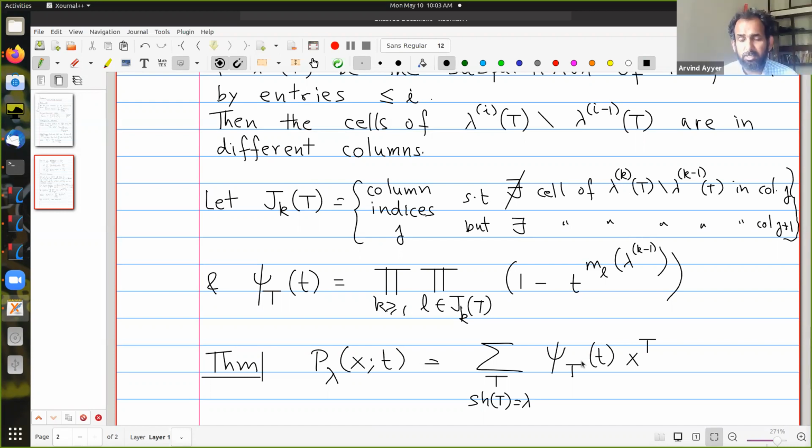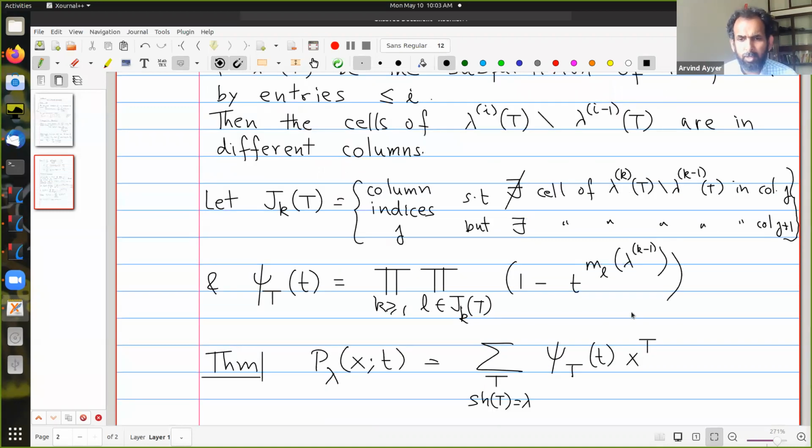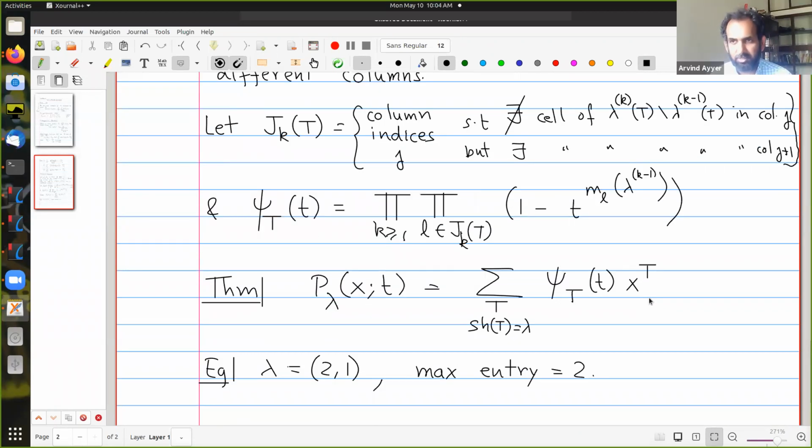You get Schur functions, yeah. It's not immediately obvious, but it is a sum of weights over semi-standard tableaux, because each one gives you 1 and you get x to the t. So you get Schur functions. Good point.